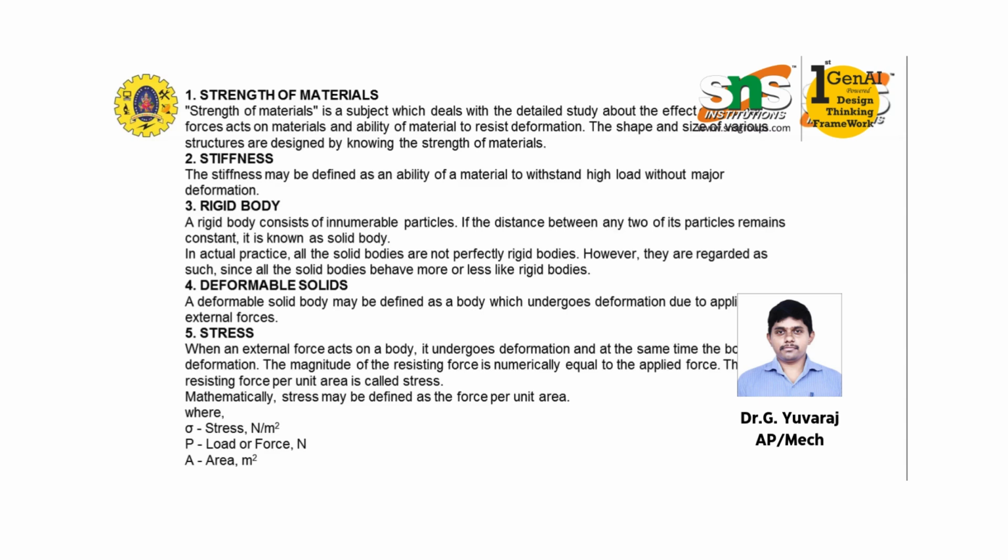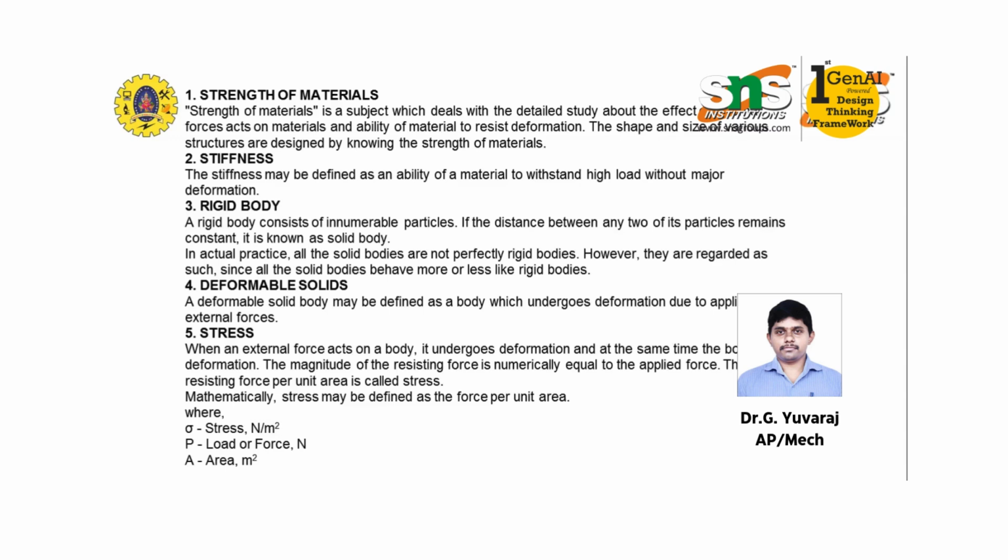Okay, and when you talk about a rigid body, generally we know that it is a solid body and it is able to withstand a high impact load. It doesn't move anywhere. That is what you call a rigid body. Here the rigid body consists of innumerable particles, and if the distance between any two of the particles remains constant, it is known as a solid body.